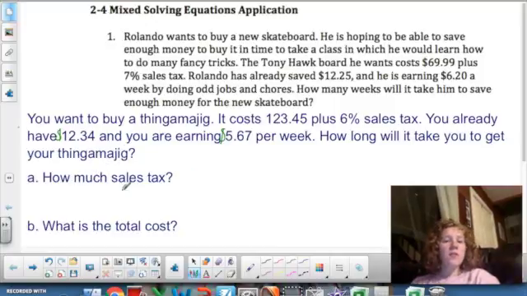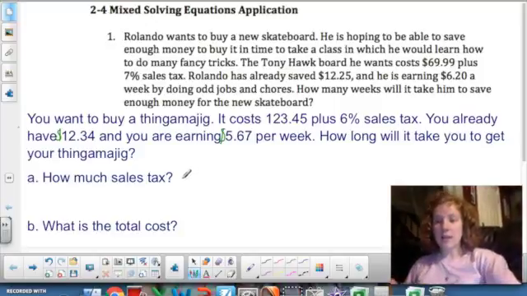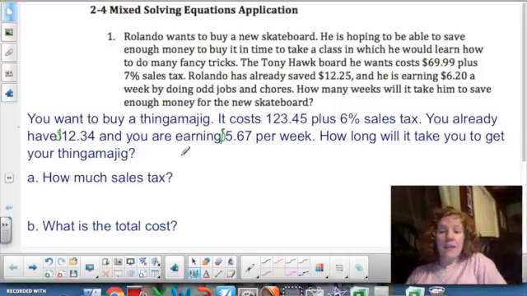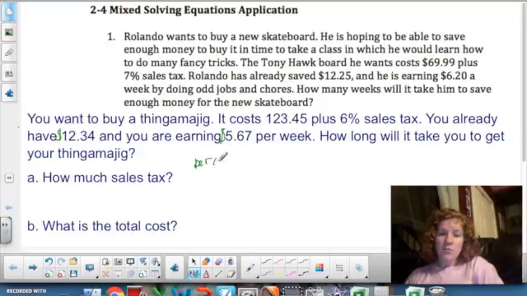All right, so the first thing it wants is the sales tax. To figure out how much tax you are going to have to pay on an item, and this is not just in a math problem, but this is in the store. If you're trying to figure out how much tax you're going to have to pay, then you take your sales tax percentage, in this case 6%, you turn it into a decimal, and then you multiply that percent by the cost of the item.